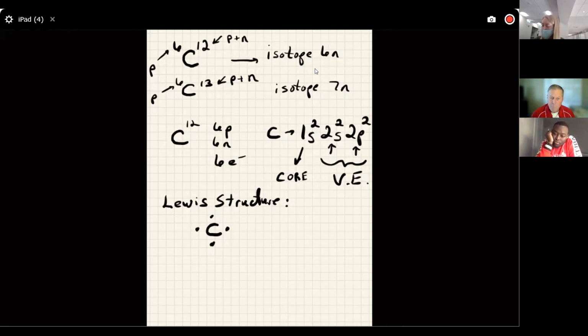Now, when it comes to bonding, when we talk about a covalent bond, it's a sharing. So I have an electron and you have an electron, and we're going to combine our electrons into a new orbital. We're going to take our atomic orbitals and put them together to make a molecular orbital.